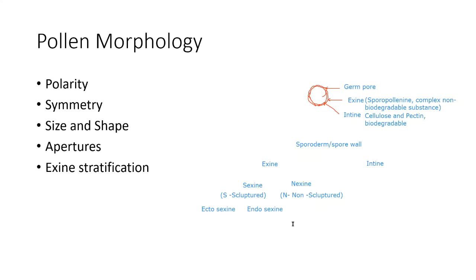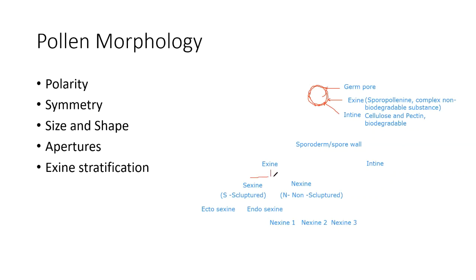Whereas nexine can be divided into 3 layers: nexine 1, nexine 2, and nexine 3. Okay, so now we have got our flowchart ready.